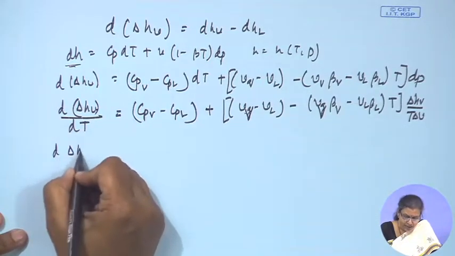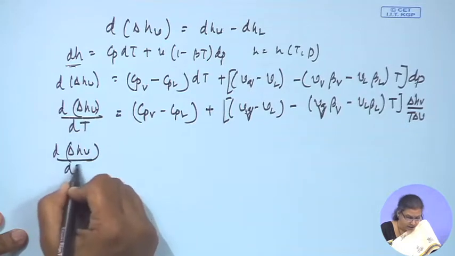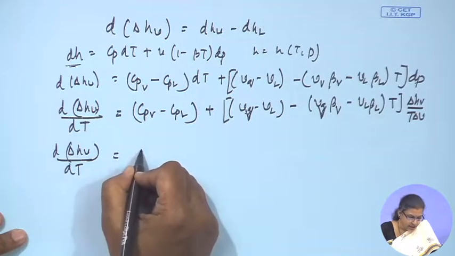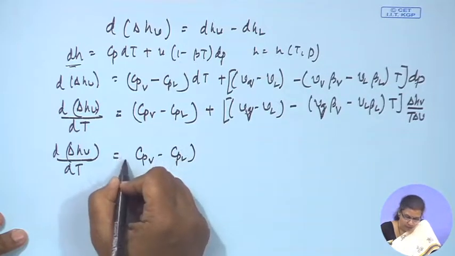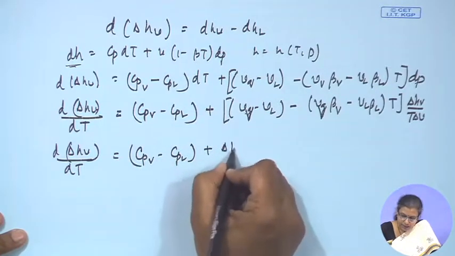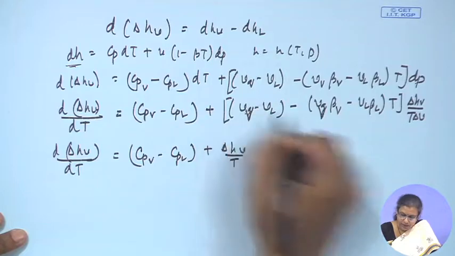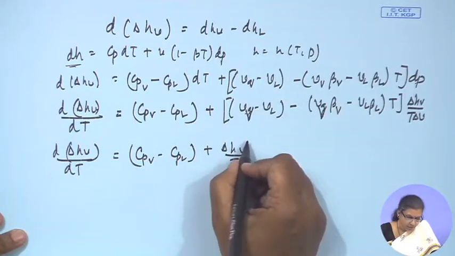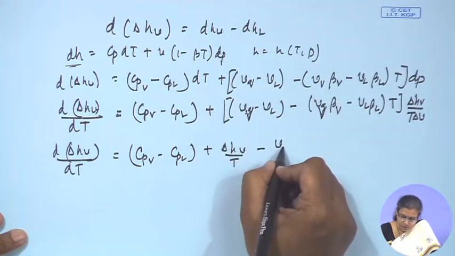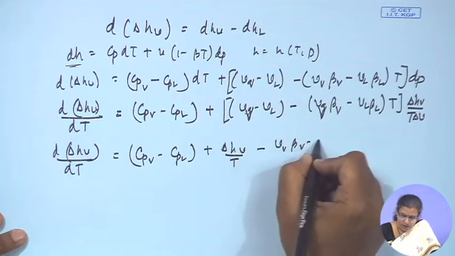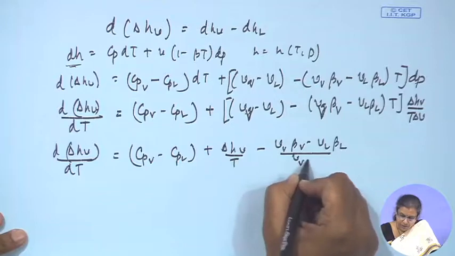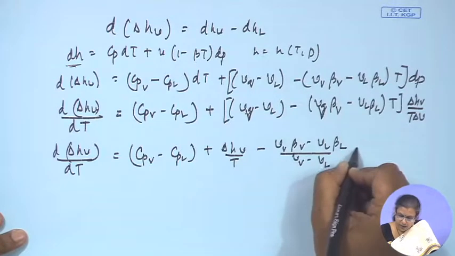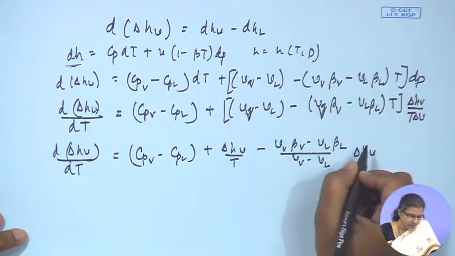I get d delta Hv dT, in this particular case, it is nothing but equal to Cp vapor minus Cp liquid plus delta Hv by T, this and this cancels out, minus Vv beta V minus Vl beta L by Vv minus Vl into delta Hv.